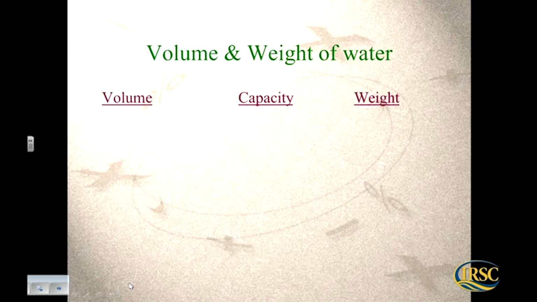Okay, so I mentioned that chart was going to come up again in 9.3, so here's where it is. If you have 1 cubic centimeter, we already discussed that you could fill that cube with 1 milliliter. But if it was water in there and you weigh it, it will be equal to 1 gram. Okay, so again, the nice thing about how the metric system works, it's very even to each other.